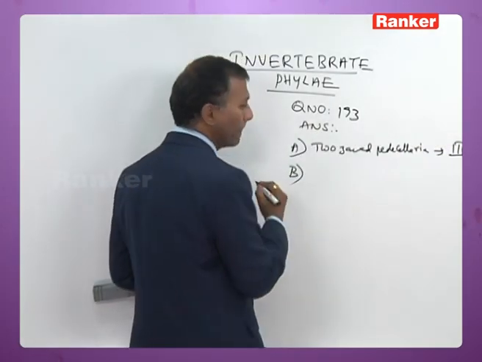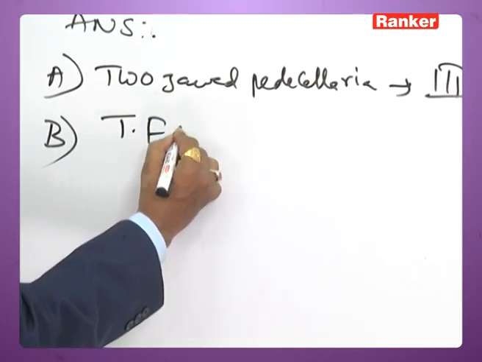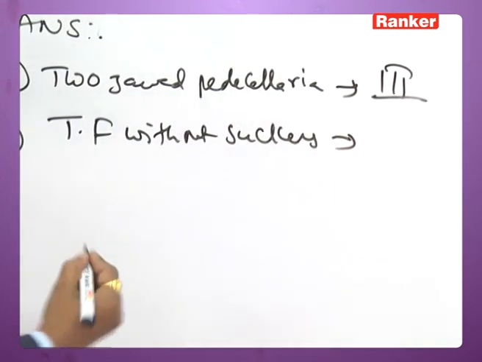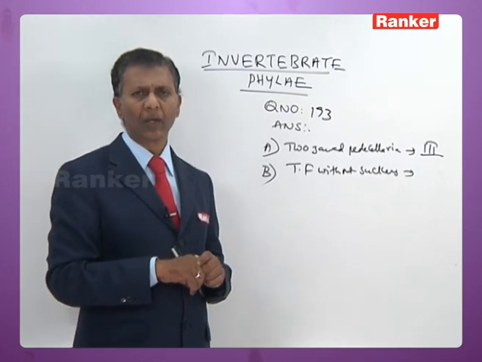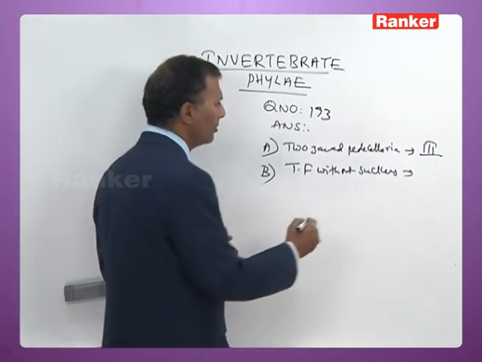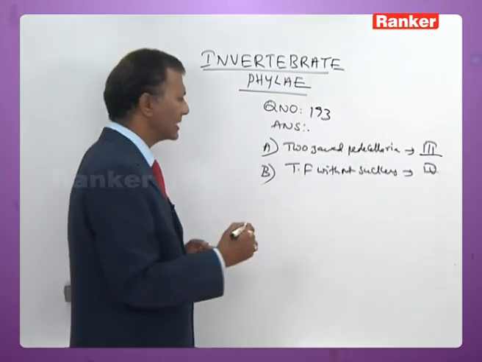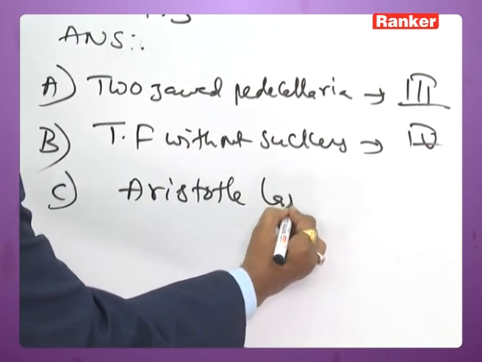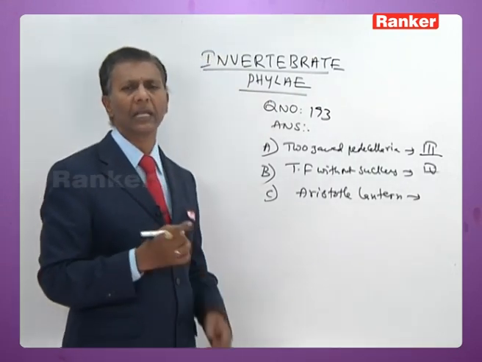The next B is tube feet without suckers. The tube feet in Ophiuridia are without suckers. Even in Crinoidea also they are without suckers. So among these the correct option is fourth option here now, brittle stars. Then next C, it says Aristotle lantern. Aristotle lantern is a pharyngeal masticatory organ in echinoids.